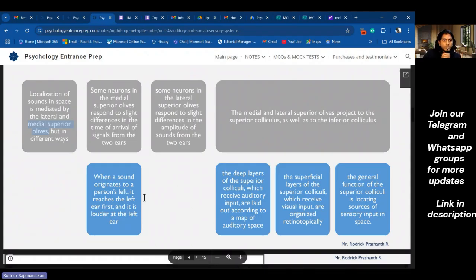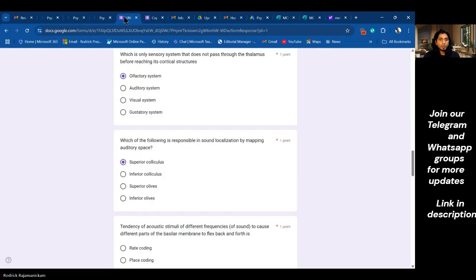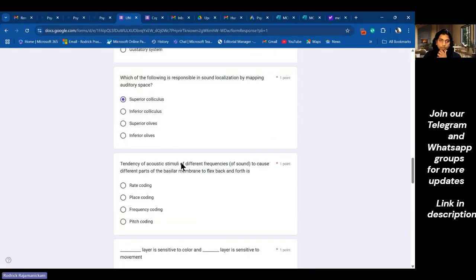From there, this information goes to your superior olives, which make an auditory map around you, so you're able to identify exactly where it is coming from. It also goes to the inferior colliculus, but it is your superior colliculus that helps in locating the sound through a map of auditory space. The answer would be superior colliculus here, right?